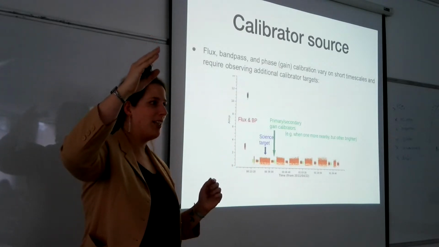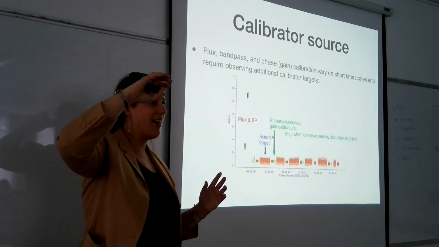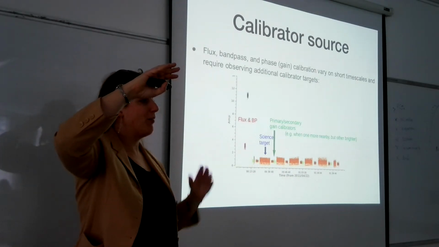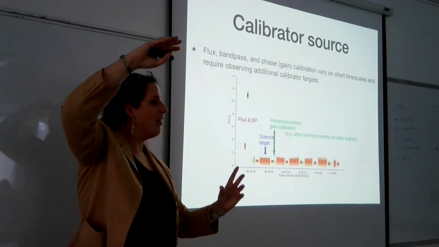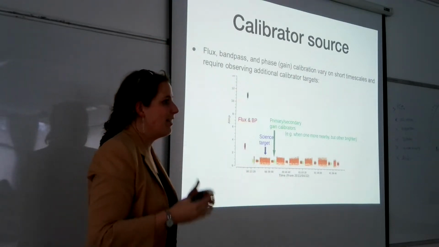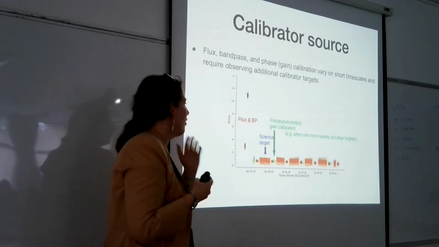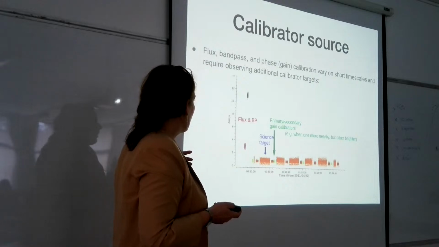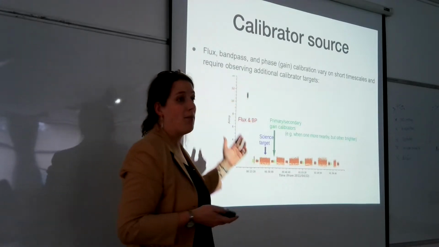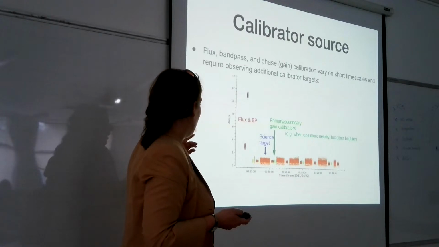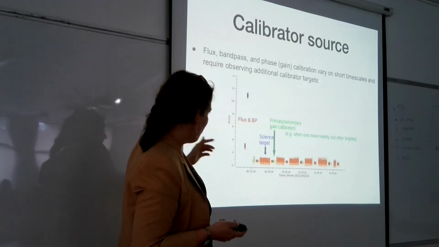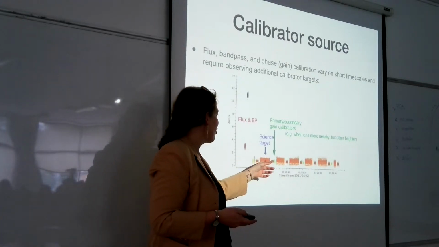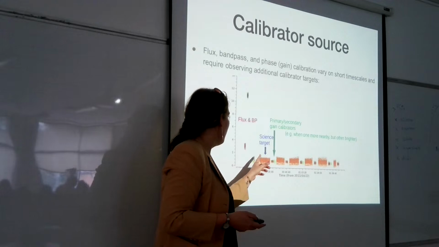So if your sensitivity is higher at your higher frequency spectral window than at your lower frequency, you want to know that beforehand so you can scale it. Again, this can simply happen as a result of temperature or some problems. So these are things you measure basically every hour during observations, or every 1.5 hours.